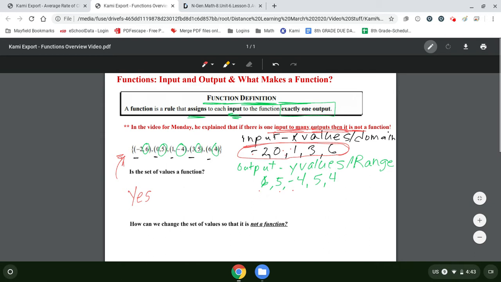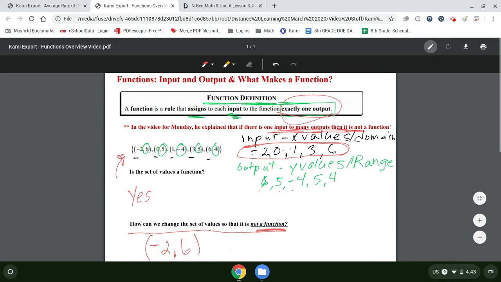So what changes is if I have more than one of the same input that have different output values. So if I look at how can we change the set so it's not a function, okay? So if I have my first input value is -2 and the output is 6, and -2's only output is 6. This is where we get exactly one output.